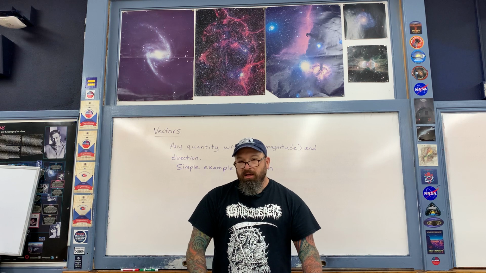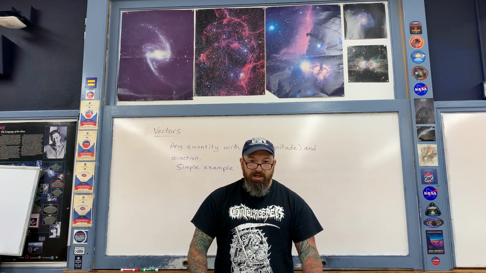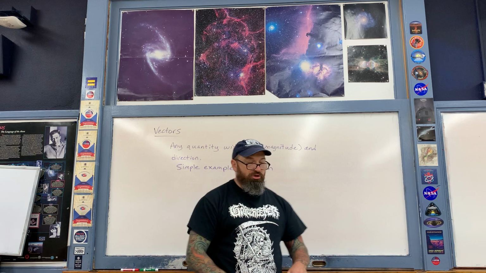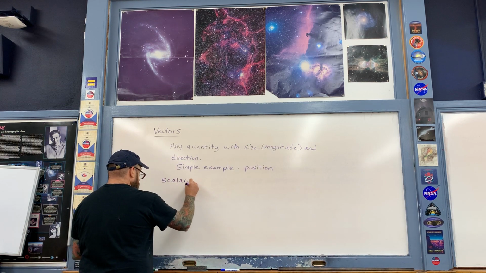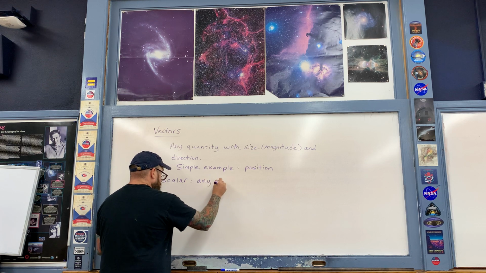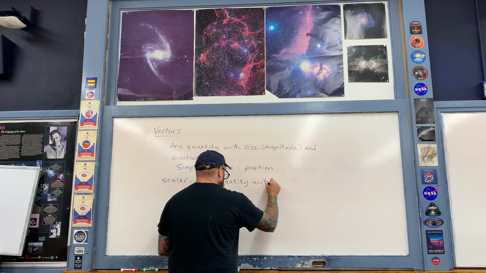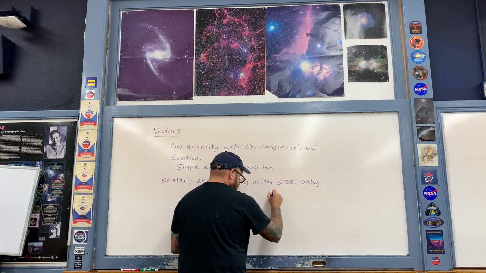Now that's a little bit different from what is referred to as a scalar quantity. A scalar quantity is any quantity that only has a size or a magnitude associated with it, no direction.